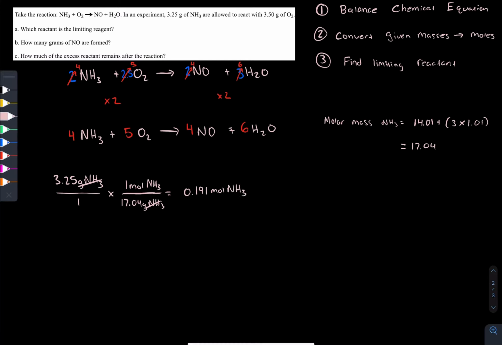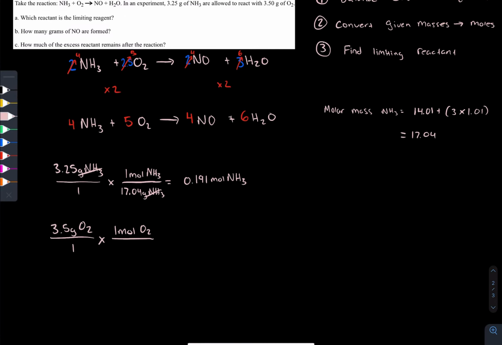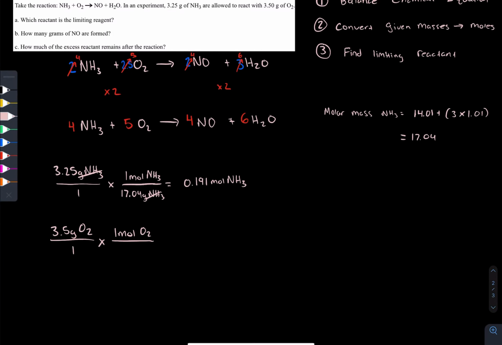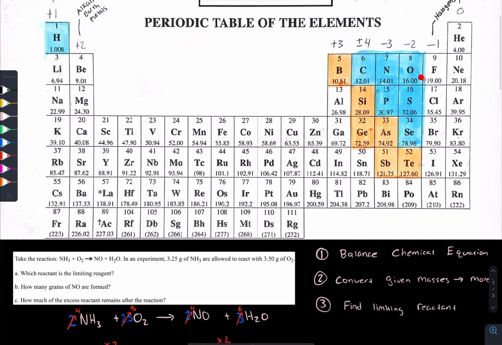Now for oxygen, we'll do the same thing. We start off with 3.5 grams of O2. We're going to put that over 1, and 1 mole of molecular oxygen is equal to. This is the part where a lot of people make a mistake, because they say, oh, we have oxygen here, so we need to figure out the molar mass, and they'll come up here and see that there's 16 grams per mole.